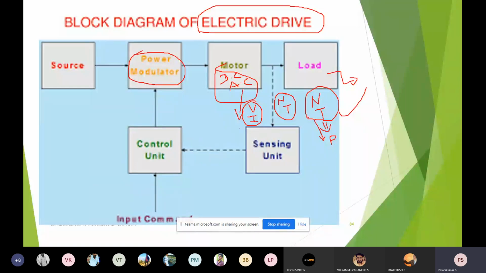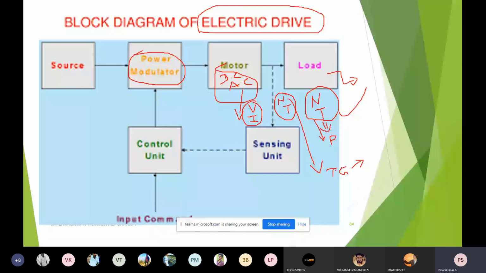Say, for example, to sense the speed, we can use a tacho generator, which we usually call a tachometer. In electrical terms it is called a tacho generator. When it is coupled to the shaft, it will rotate and produce a certain voltage. We can calibrate that voltage to a particular level.